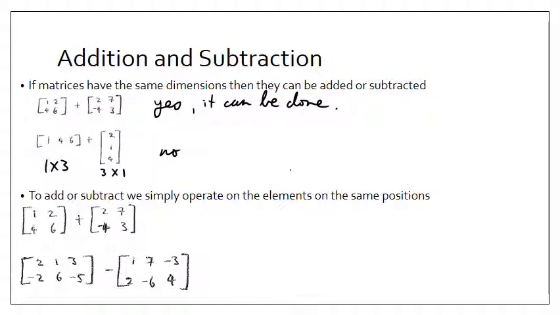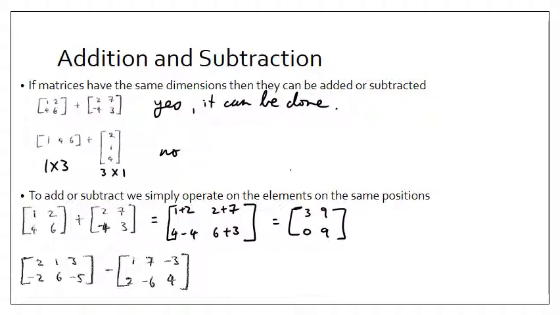Adding and subtracting is really simple. We just simply add each of the elements by itself. So first one adds with the first one, so that's 1 plus 2. Second one with the second one, 2 plus 7, etc. So then the next one becomes 4 minus 4, 6 plus 3, giving us 3, 9, 0, 9. Second row is the same.